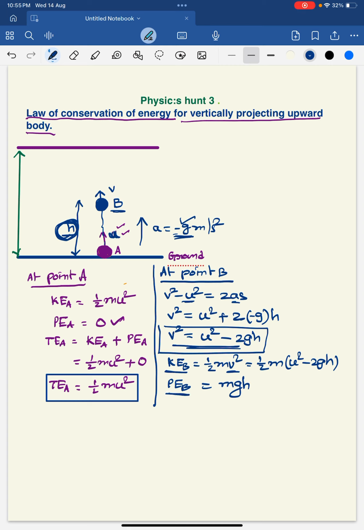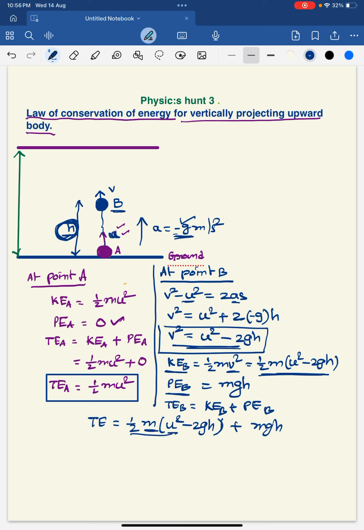Therefore, total energy at point B is the sum of kinetic energy at point B plus potential energy at point B, which is half m into u square minus 2gh plus mgh.